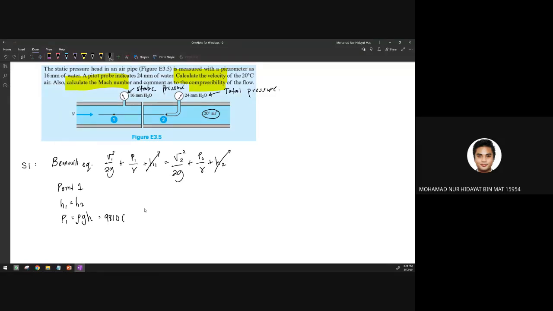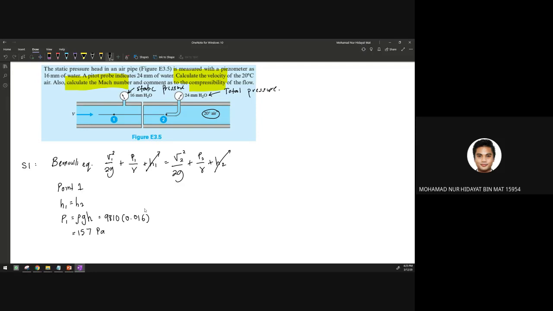Make sure you convert to SI units, so 0.016. So what's the answer? 157 Pascal.